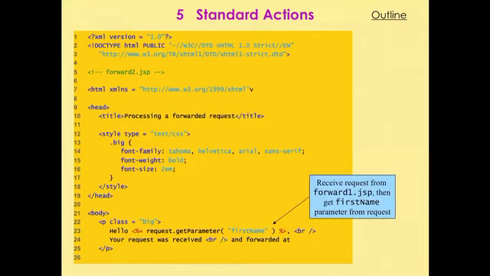I should explain forward2.jsp, which contains this time. Since it is a JSP, it is able to have access to the request as an implicit object. I am able to call the first name because it was forwarded from the first one.